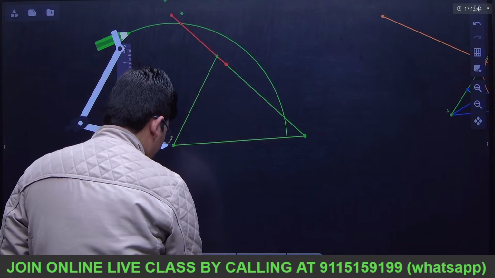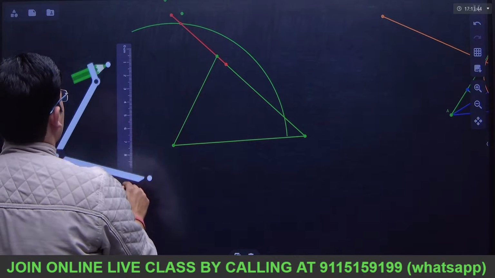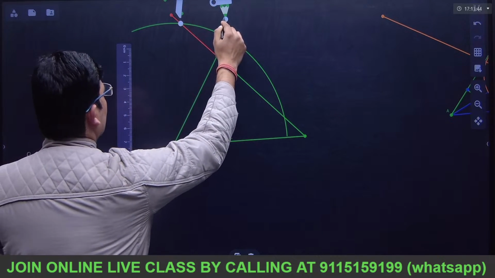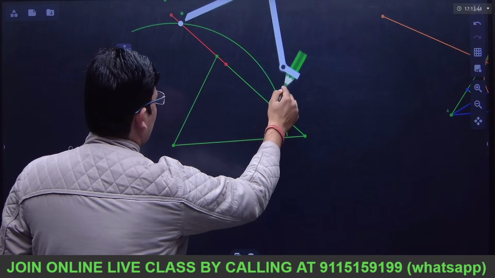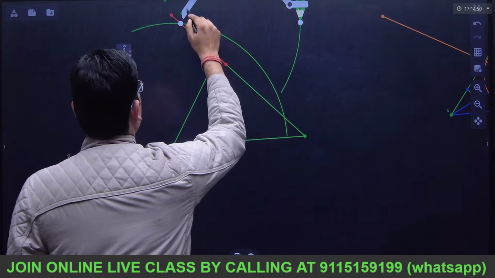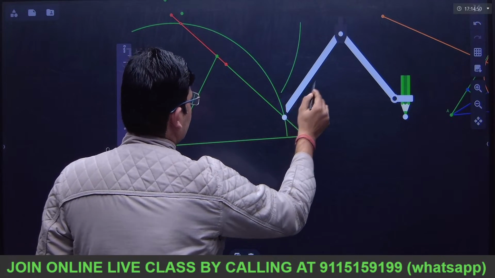And this is the point of intersection. Now, I have to take more than half of it. So one arc like this, and without changing the radius.